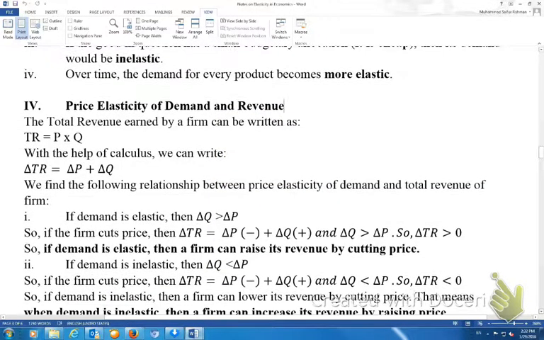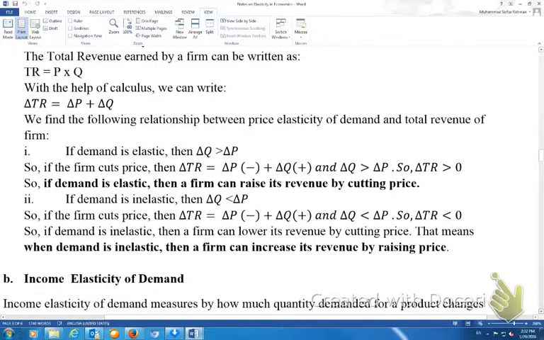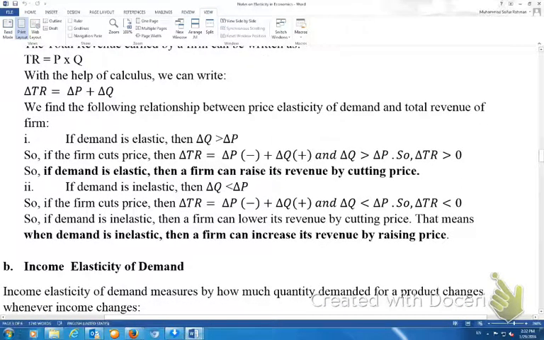If demand is inelastic, it means that our delta Q is smaller than delta P. And if that is the case and a firm cuts its price, the change in total revenue is equal to delta P, which is negative, plus delta Q, which is positive.